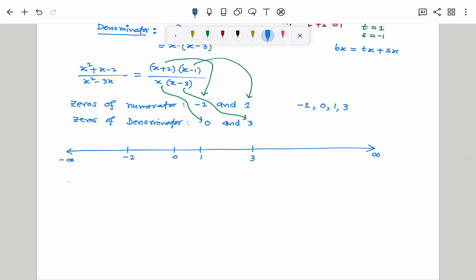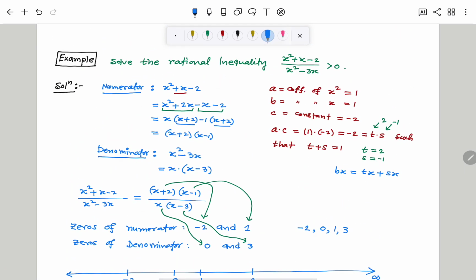So here I am writing the interval, then the selecting point p, then the sign of the rational expression.